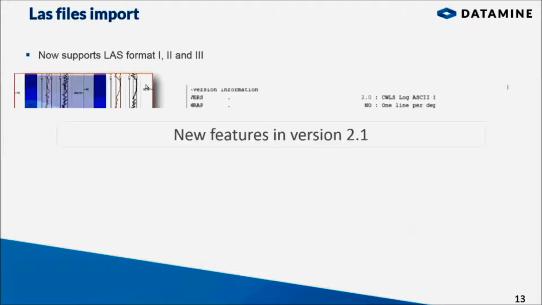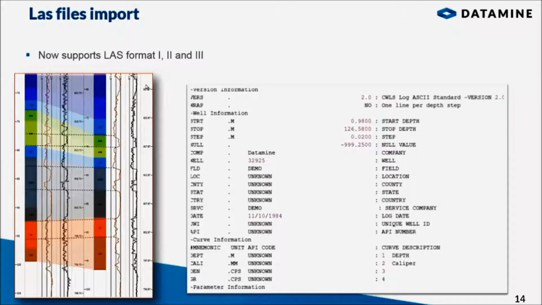So basically, in previous versions we already had LAS file import, but for those of you who tried it, you would have noticed that it only supported LAS format 2 and also only some LAS format 2 files.